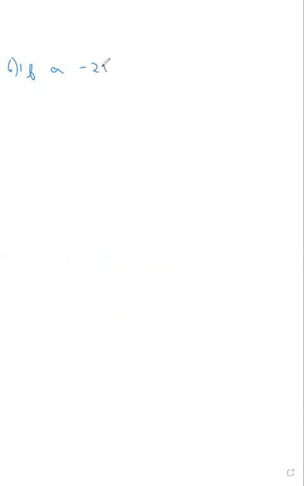If a minus 2b plus 3c is equal to 0, find the value of a cubed minus 8b cubed plus 27c cubed. Quickly. This is just a 2-mark question.